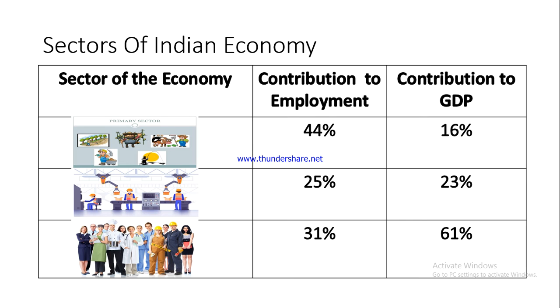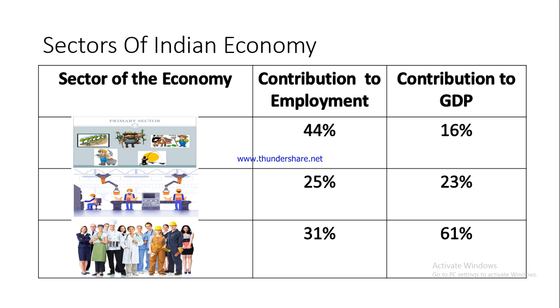What does this mean? Basically, this means that the primary sector is not able to contribute that much despite employing the largest number of people, which means that probably our primary sector has to improve its efficiency to be able to contribute more, since it is already employing the largest number of people.